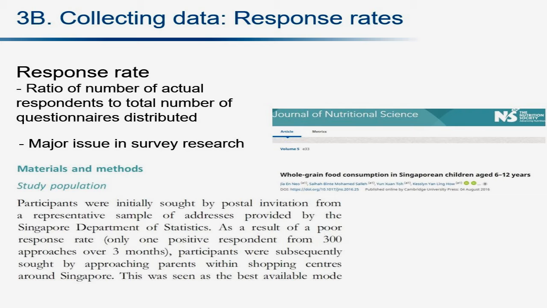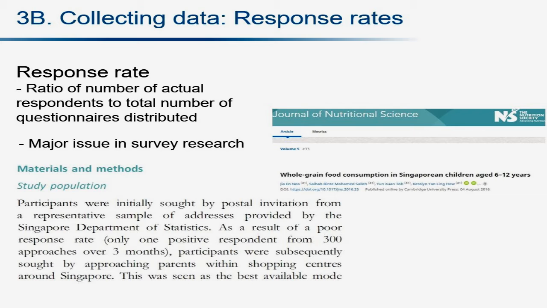If you don't do it well, you're going to get very low response rates. So this is a good anecdote, not anecdote, it's an actual report, actual research of food consumption among children. I'm a big proponent of health and nutrition and affecting your brain and so on.